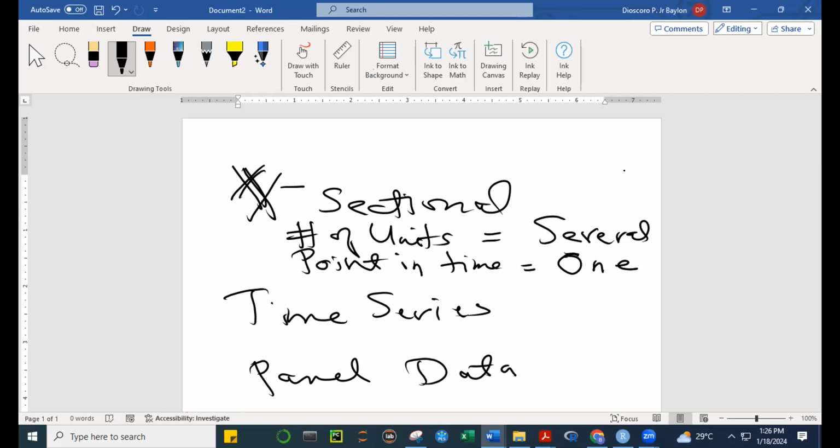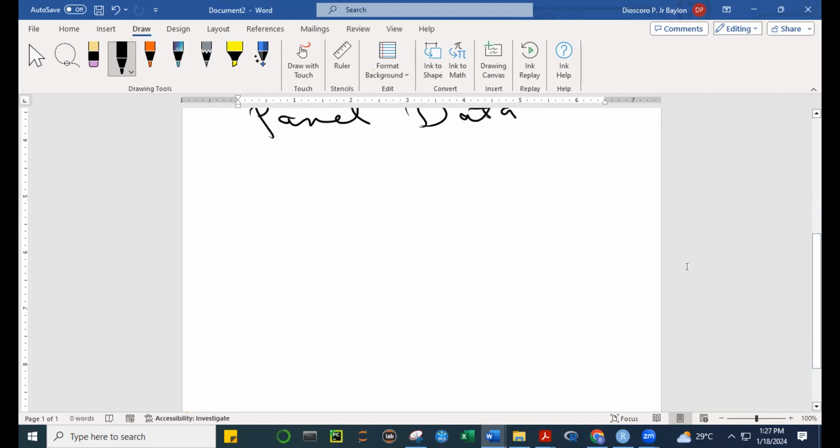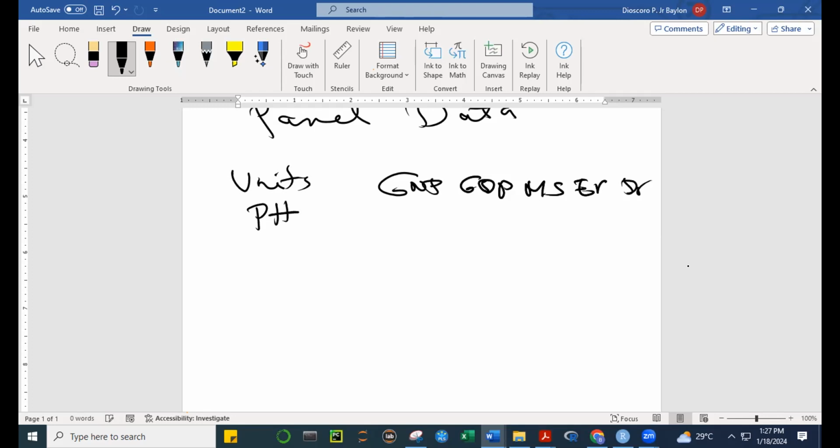Let me give an example. Suppose, class, you're looking at macroeconomic data, kunyari GNP, GDP, money supply, employment rate, death rate, population, etc. And then you take a look at units. Sabihin natin ASEAN 5: Philippines, Singapore, Thailand, Malaysia, Indonesia.